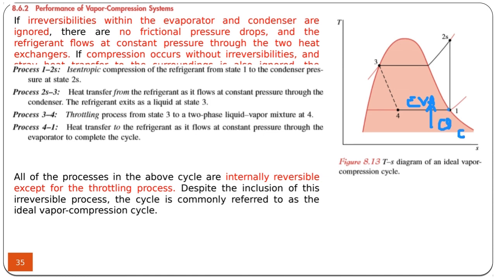At the exit of the evaporator, it's saturated vapor. Then this saturated vapor is compressed in the compressor. This is done by supplying work to the compressor. And the exit of the compressor is superheated.